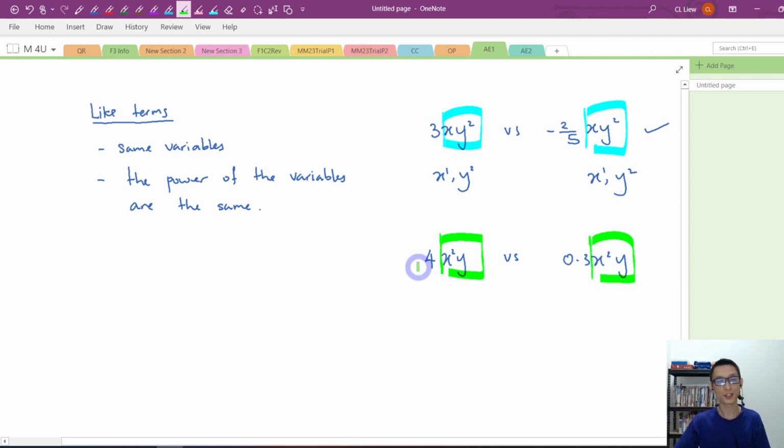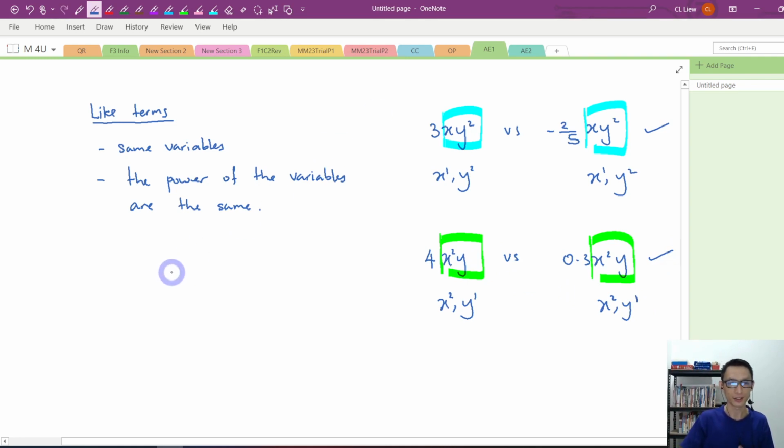So 0.3 and 4 are not important. Same variable, x and y, also x and y. The power of x here is 2, the power of x here also 2. So the power of the variable x are the same. How about y? The power here is 1, the power here also 1. Therefore, these two terms are like terms.